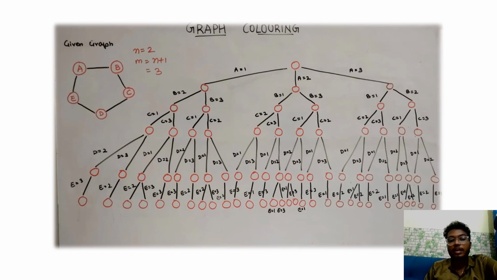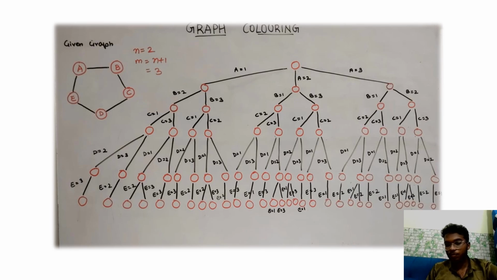Then we color D, adjacent to C, with the other two colors, other than 1, so 2 and 3. And later, E should be colored with only color 3.